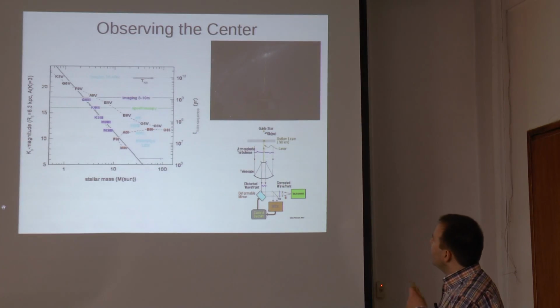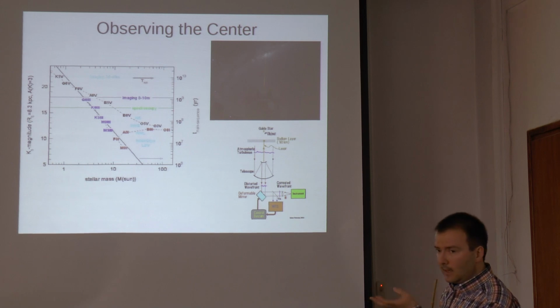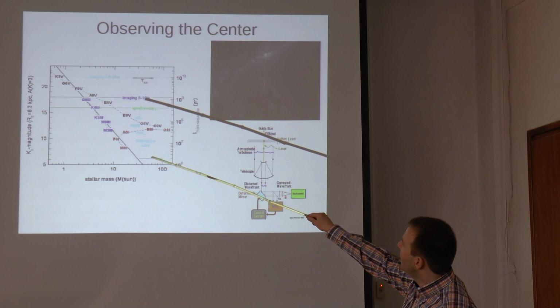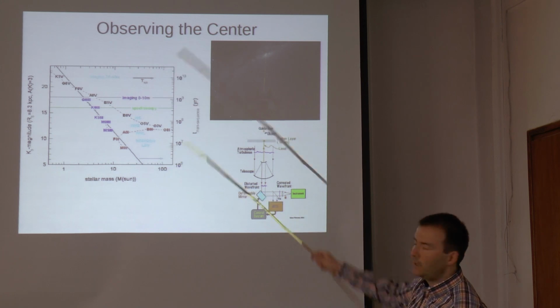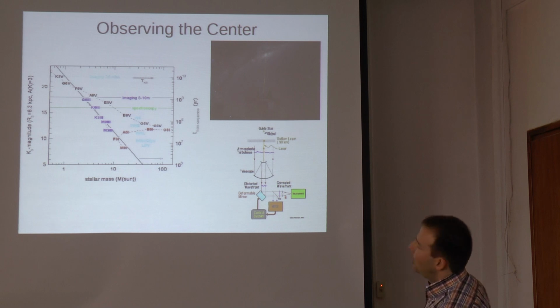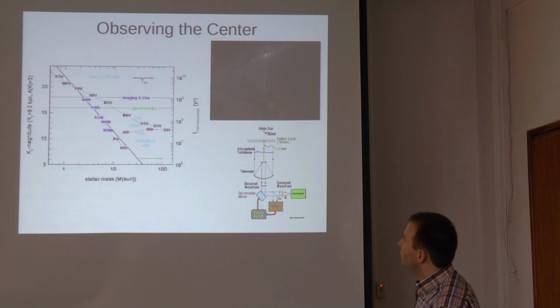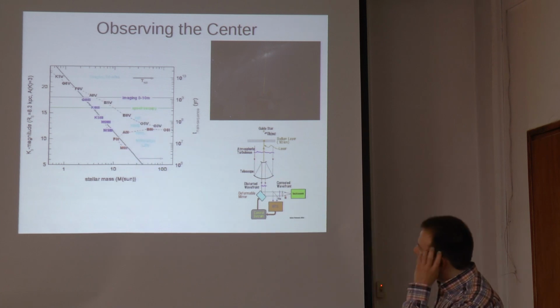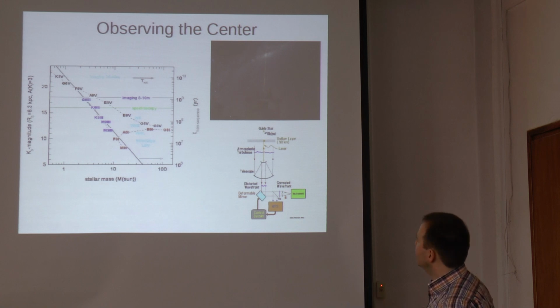And observing the galactic center is not easy because of the dust in the galactic disk, closer to us. With near-infrared observations and current telescopes of 8 to 10 meters in diameter, we can observe only the brightest stars. So right now we do not see stars as massive as our sun.